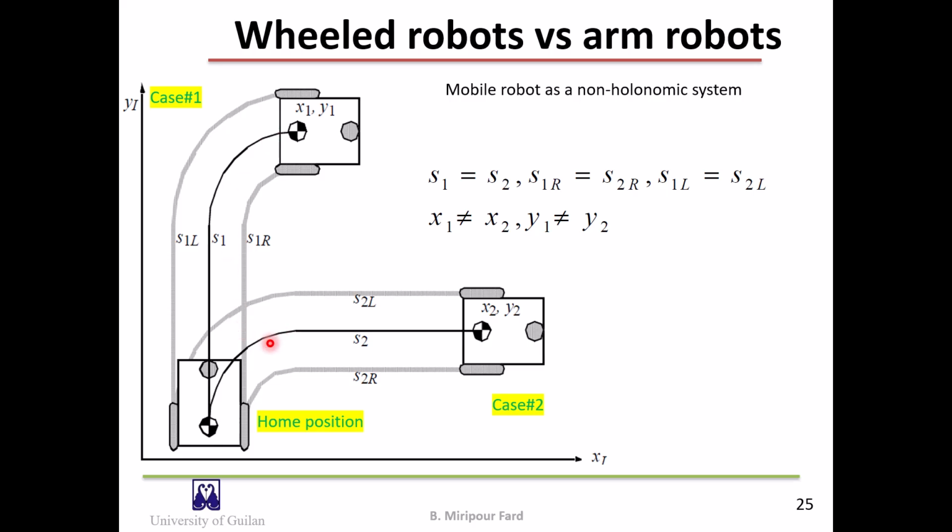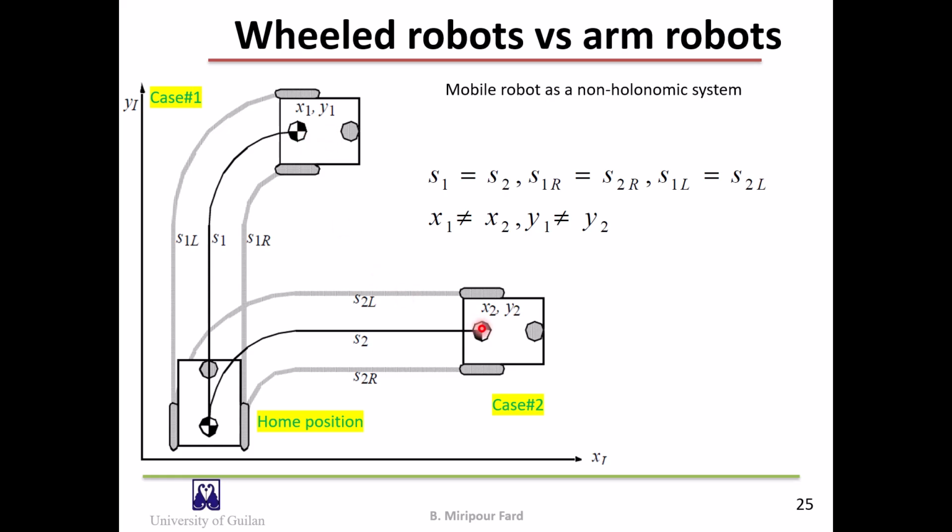Also, the right and left wheels have moved equal to S1R and S1L respectively. You can see the final pose of the robot here.